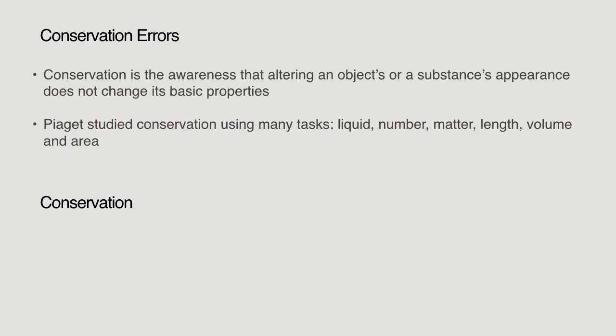There's also the fact that they are not able to conserve. So they don't have an understanding of conservation, that liquid stays the same even if it's in a different form. Let's say you have 1 cup of water and you put one in a long dish and you put one in a tall glass. Piaget's theory is they don't have the ability to understand that the water is the same amount.